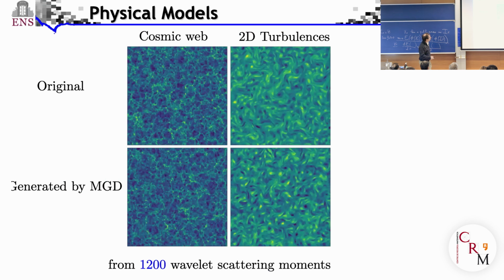Now, what does it give? In the case of this cosmic web and turbulence, you can generate with these moments, we have exactly 1,200 wavelet moments, again, as opposed to these 7 million parameters, and these images are 256 by 256, not 80 by 80, so much bigger. And visually, you can see you get essentially the same distribution.